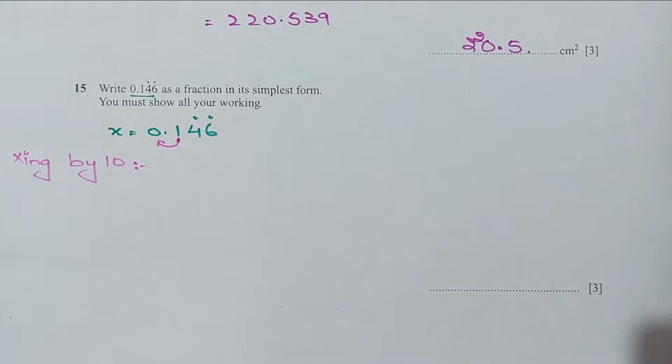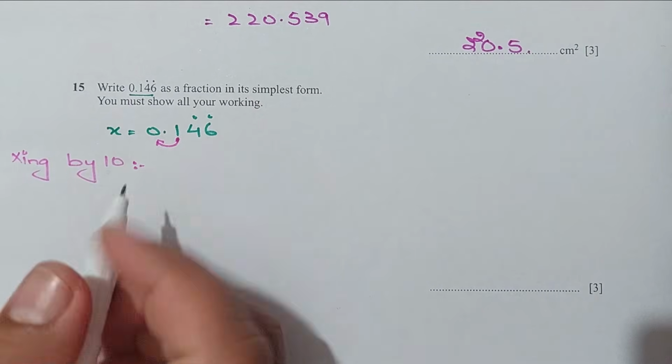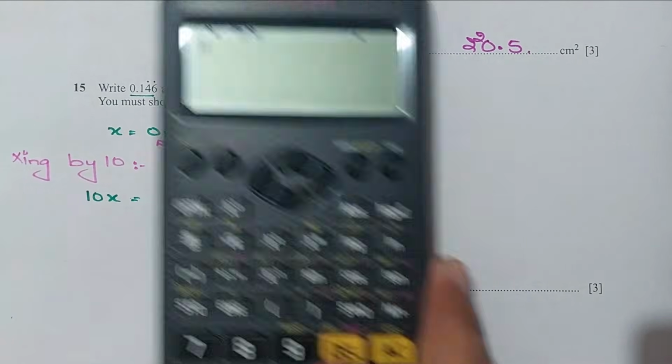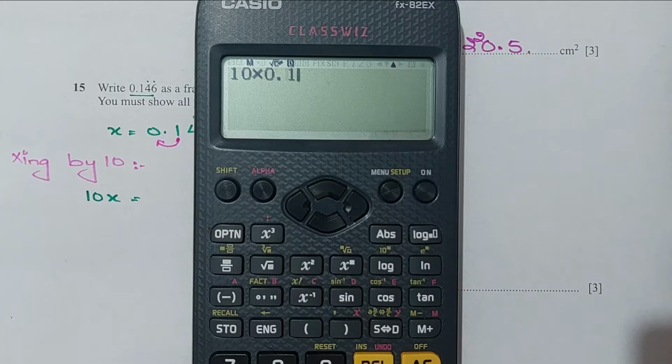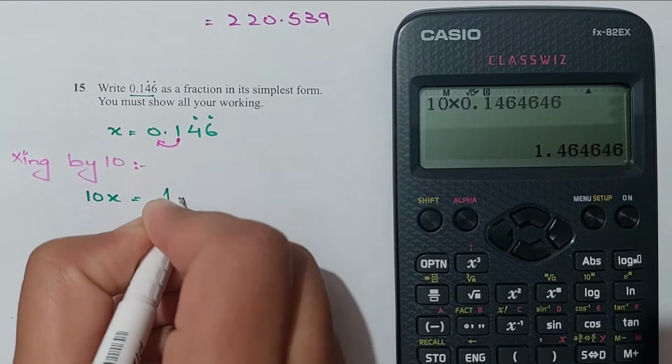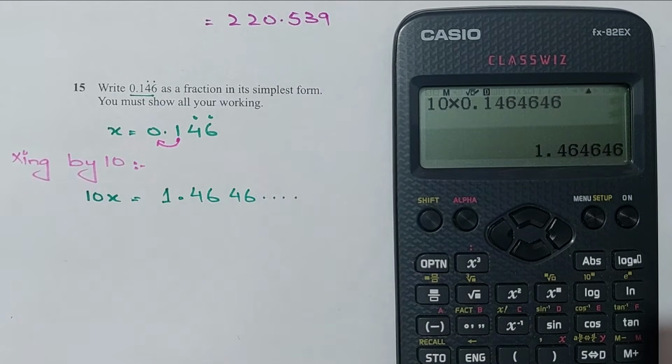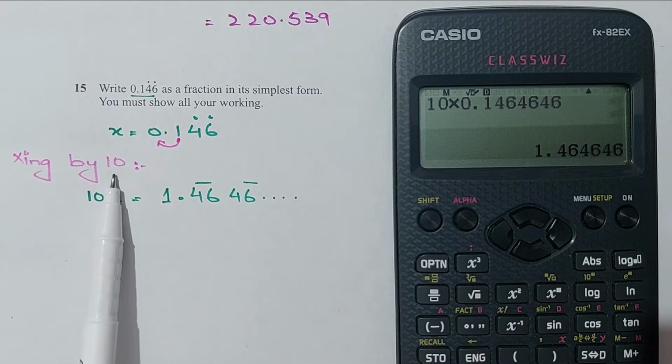Okay, so when we times it by 10, we have 10 times x is 10x, and what is 10 times 0.146464, it is 1.4646 recurring, right? Now these are the recurring numbers, 46 and 46. Since there are two recurring digits, 4646, we are not multiplying by 10 this time, because 10 has only one zero.